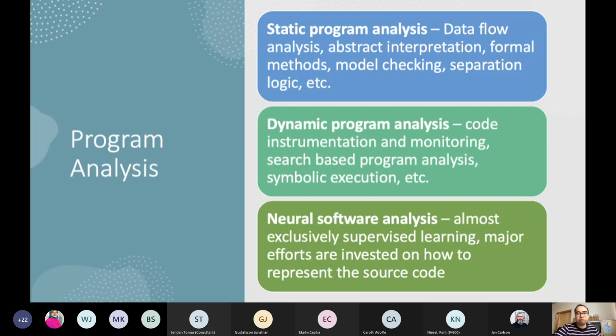That means they need a lot of labeled data, and major efforts in neural software analysis are directed towards investigating how to represent the source code to fit the neural network model. In this talk, I will give an overview of these techniques, mainly how we can represent the source code and what kinds of neural network models we can use.